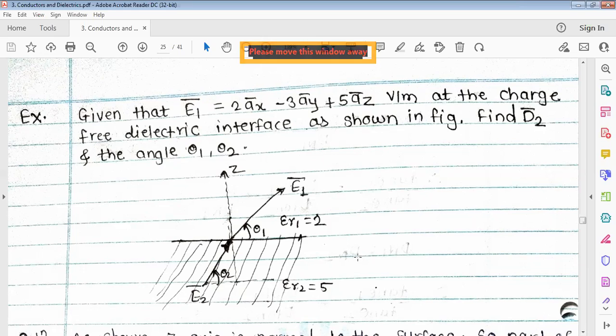E1 bar is given in medium 1, which has relative permittivity of 2. For medium 2, the relative permittivity epsilon r2 is equal to 5. In medium 2, the electric field intensity is E2 bar. This E2 bar makes an angle theta 2, and E1 bar makes an angle theta 1.